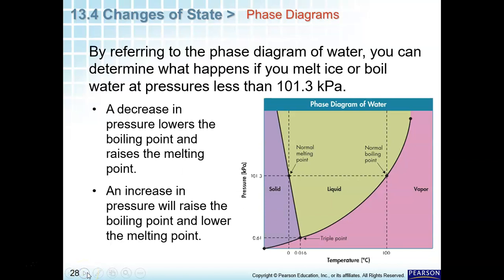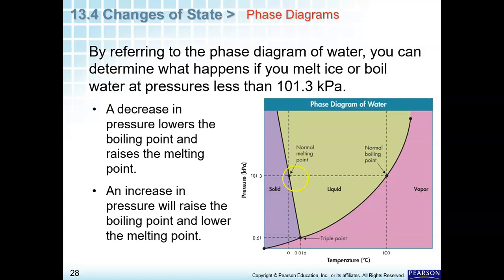Looking back at a phase diagram for a couple more points. I'll show you this when I get to that second phase diagram part. So basically, if you manipulate the pressure, that's going to change the boiling point. Pressure is on the y-axis. At regular conditions, when we talk about the normal boiling point, that means at standard atmospheric pressure.